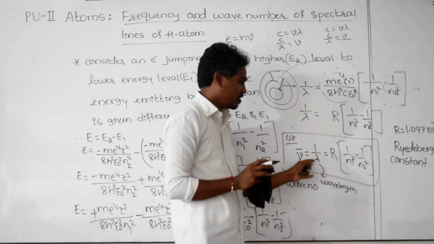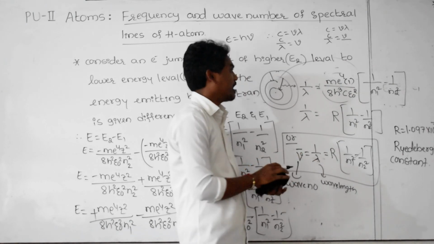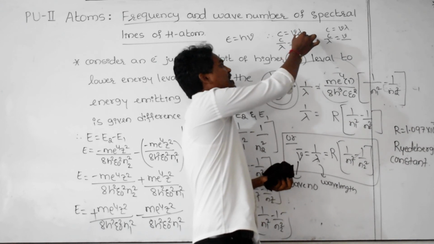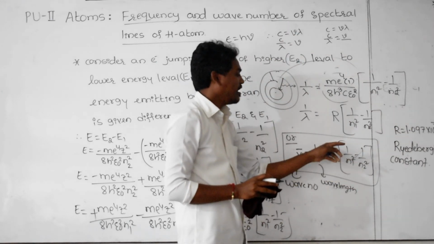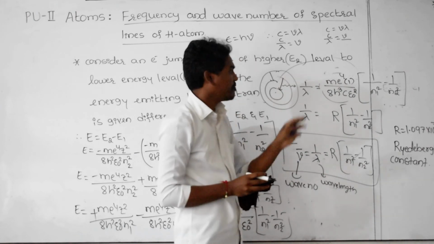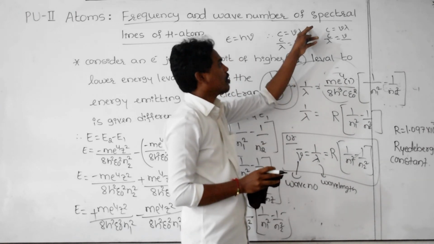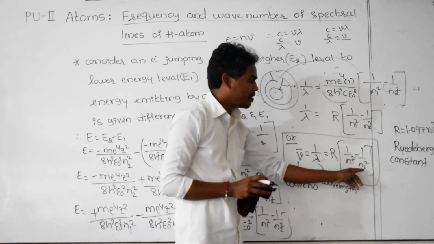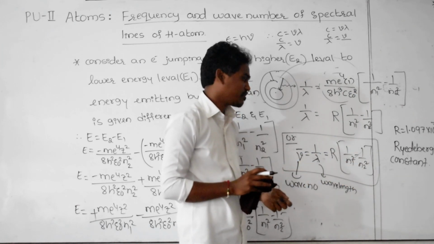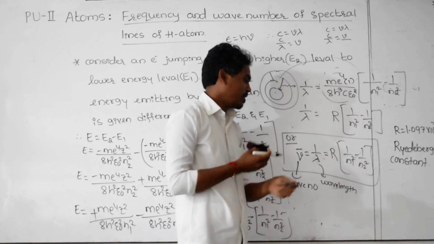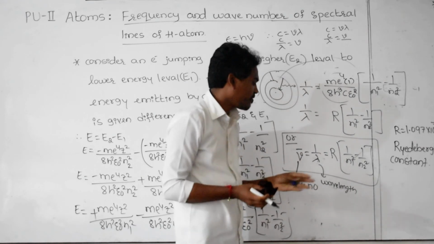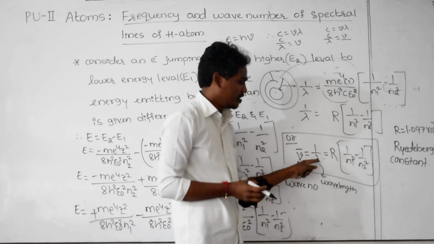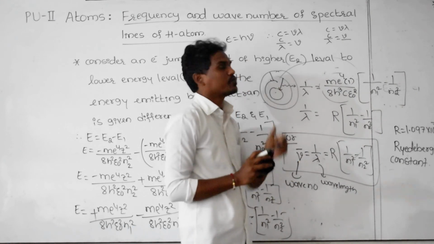You can find out either wave number value or wavelength value. Or if the electron is jumping from infinity orbit to third orbit, then n2 becomes infinity and n1 becomes 3. Or if it is jumping from 10th orbit to first orbit, n2 becomes 10 and n1 becomes 1. By substituting, this is a constant value. By substituting all the values, we can find out wave number, or else wavelength of the given spectral line.